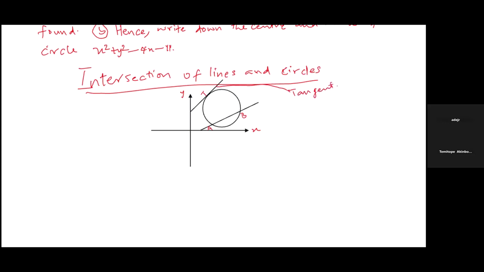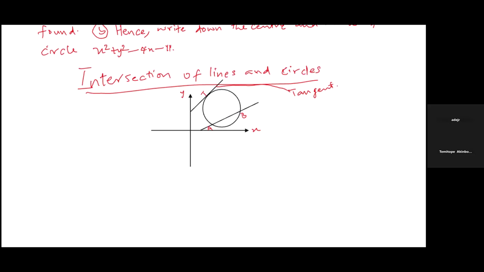Now, you can be asked to find the coordinate of the point of intersection of the line and the circle, or to show that the line touches the circle at 1 point or at 2 points. Either way, you equate the equation of the line and the circle, in other words, you solve them simultaneously.